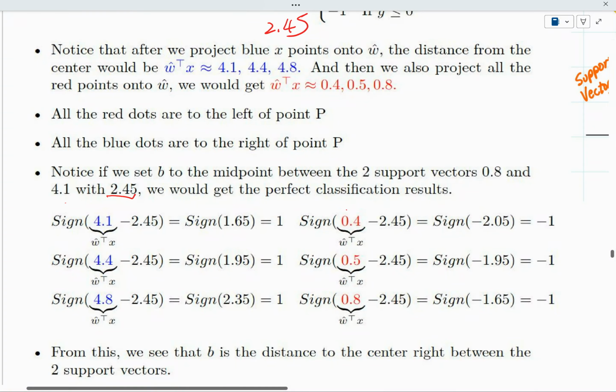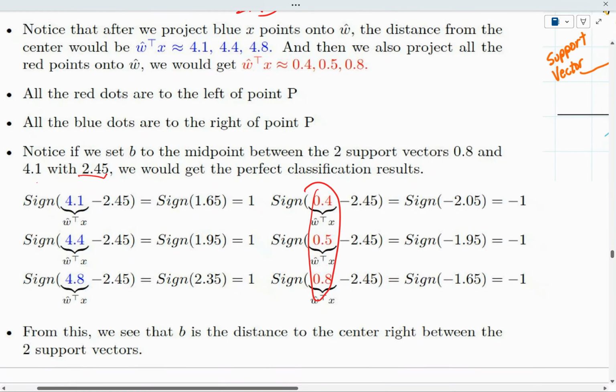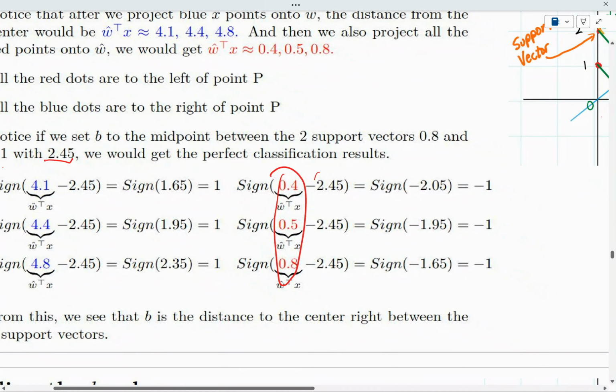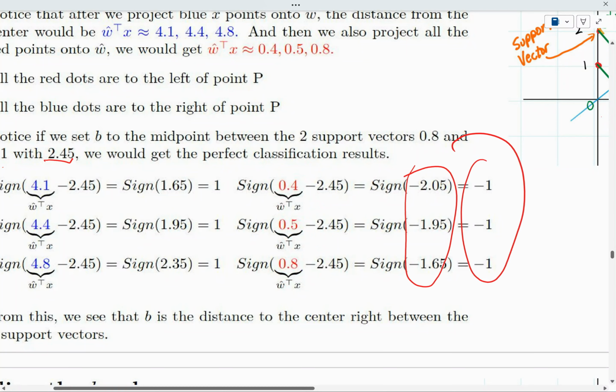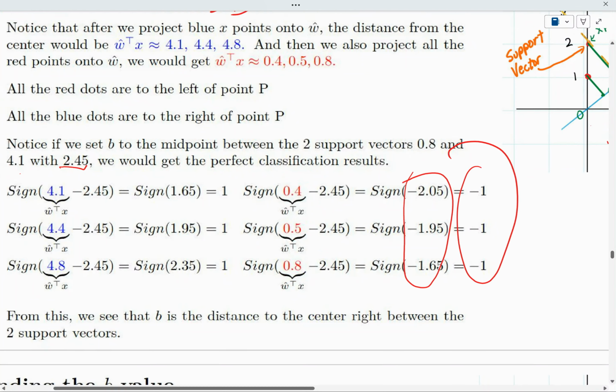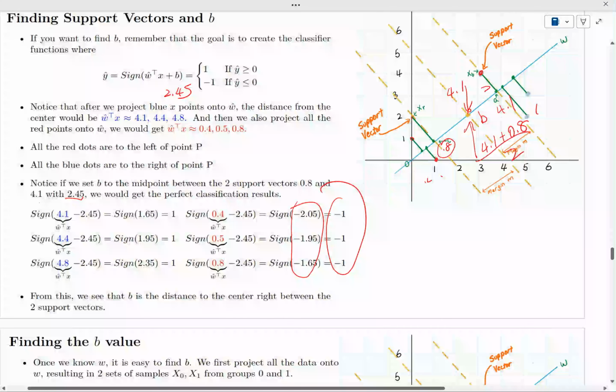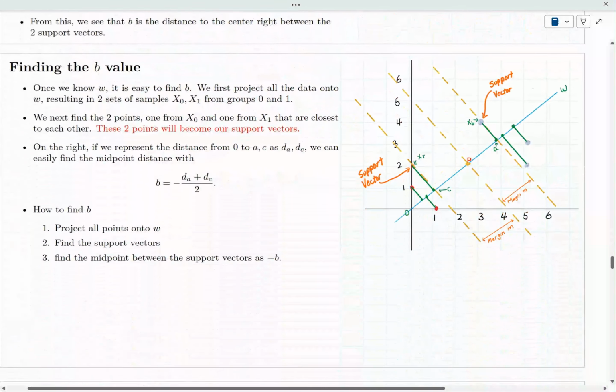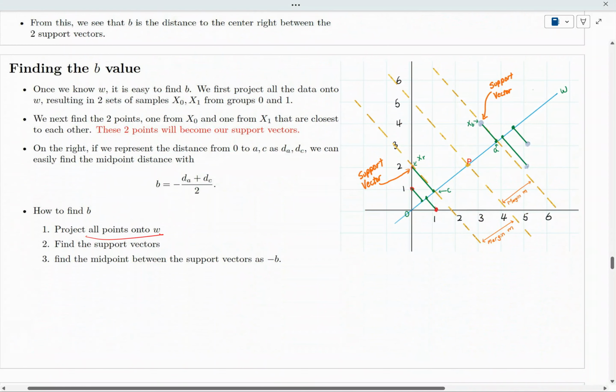And if we have all the negative values and subtract 2.45, it gives us a negative value, resulting in the class of -1. So this is essentially how you get the b value. You project all the points onto w, and then figure out the support vectors, the ones going here and the ones going here. And then the middle point between the support vectors is your b value.